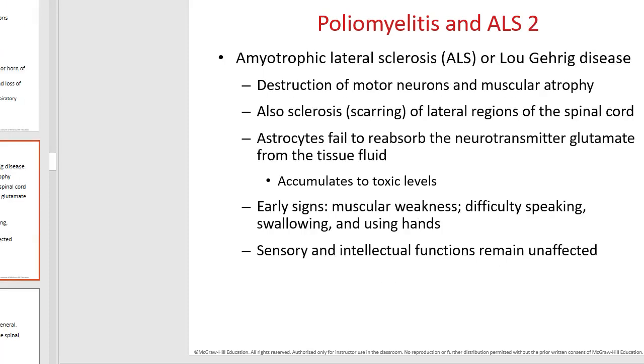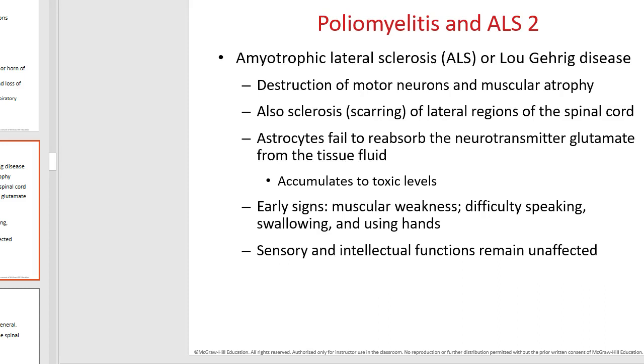Hold on, next slide. All right, ALS, that's the one we saw with the ice bucket challenge. Everyone was dumping buckets of ice water and ice on people, and they were calling different people out to donate. The reason they were dumping the ice is to simulate what the nervous system actually feels like.